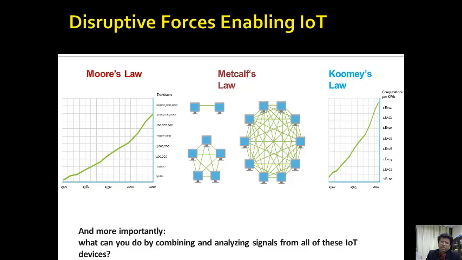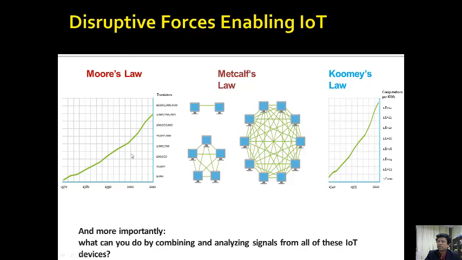It says the number of computations per joule of energy dissipated has been doubling approximately every 1.5 years.